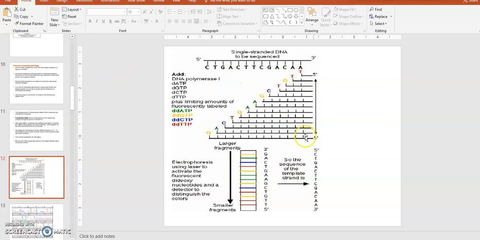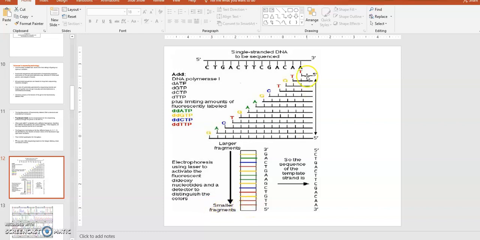When this mixture is separated on an electrophoresis gel, instead of using a slab gel, these days we use a small capillary gel. That's a very thin gel, but its resolution is good. When these nucleotides are sorted out on a thin gel, they will be sorted out based on their sizes, and as they run through the gel, there's a sensor that can pick up the fluorescent signal.